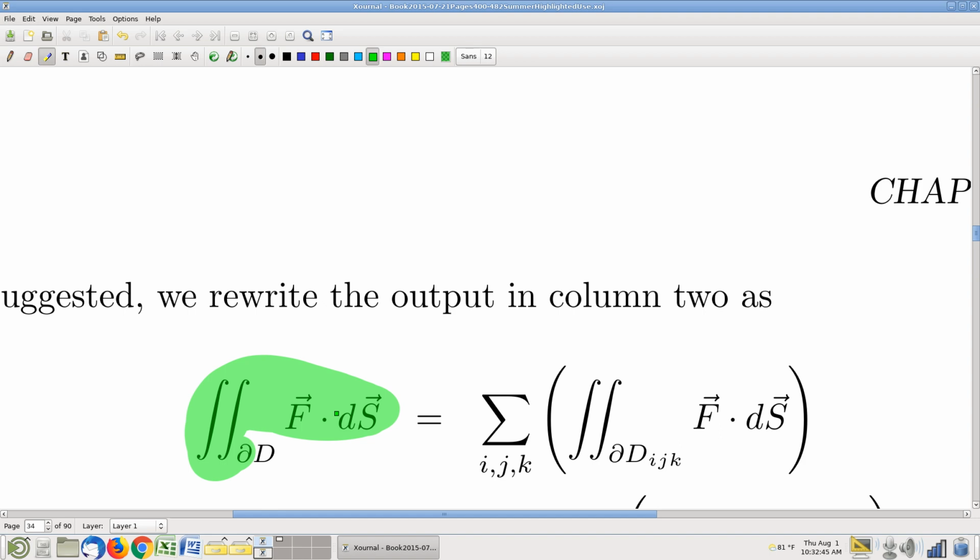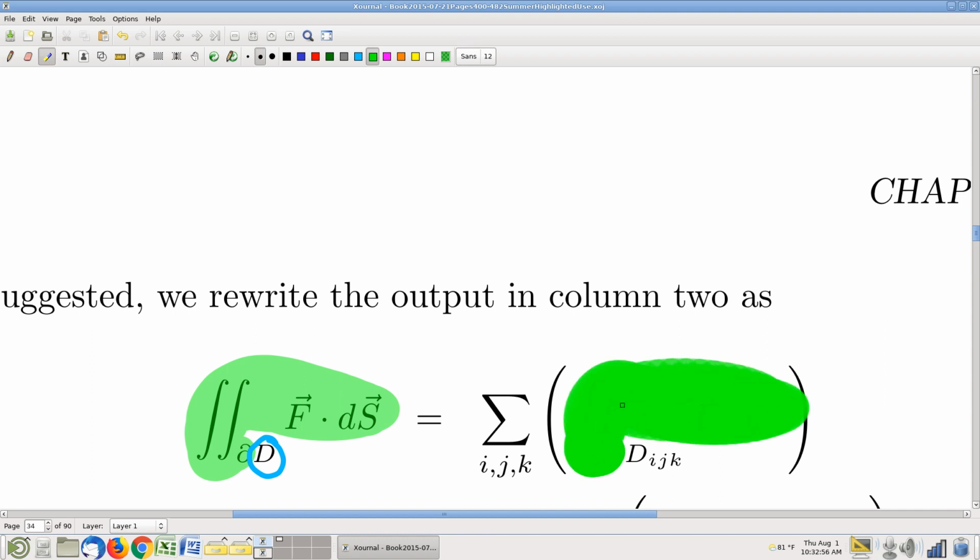Boundary flux is what I'm computing on my original solid, D. I've simply made the observation that the boundary flux on the solid is the summation of the boundary fluxes over the individual little pieces, and then add up over all the pieces. So this is just an algebraic way, a scary algebraic way, but it's just an algebraic way of writing down boundary fluxes accumulate, just like boundary faces accumulate. Cancellations. That's all this is really saying.